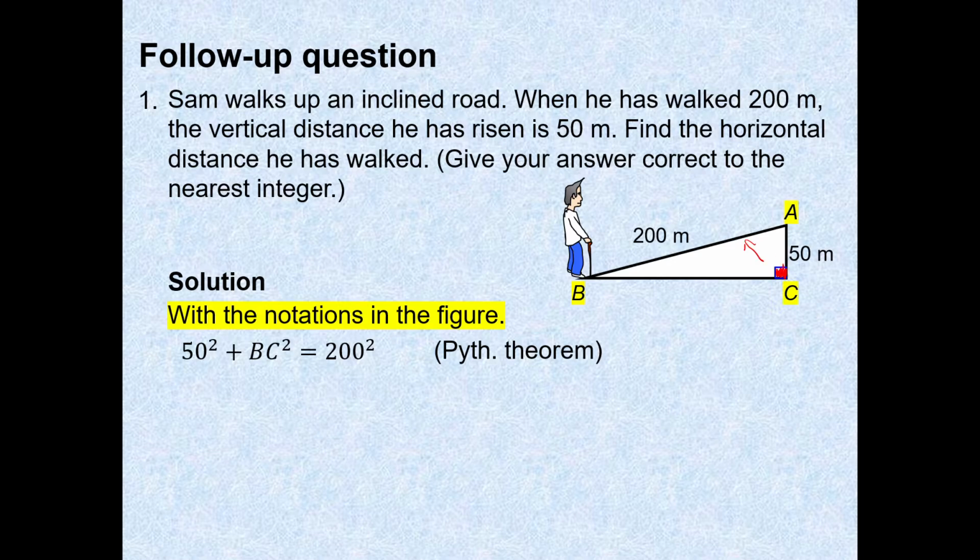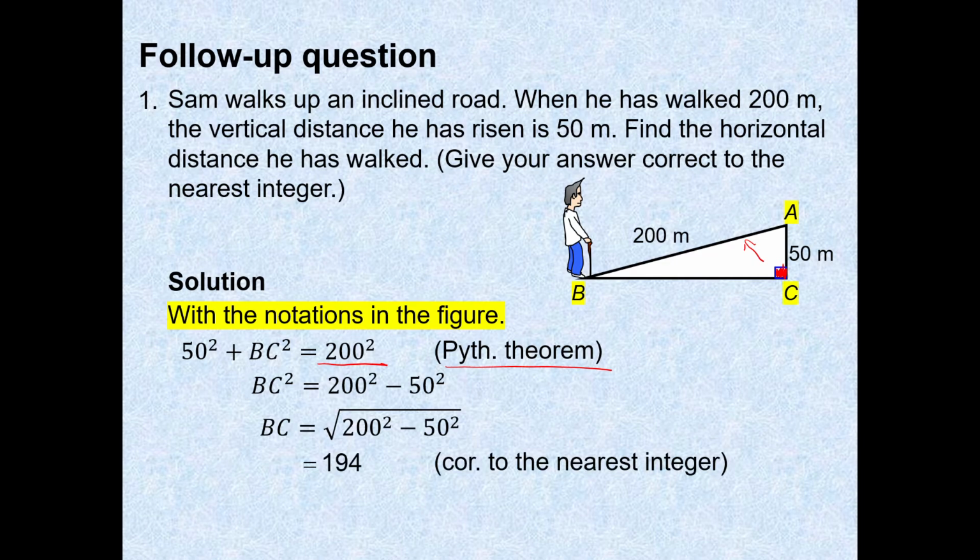Because AB, which is 200 meters, is opposite to our right angle, we have 200 squared on one side, and then we put 50 squared and BC squared on another side using the Pythagoras theorem. By solving the equation, we find out BC equals 194, correct to the nearest integer.